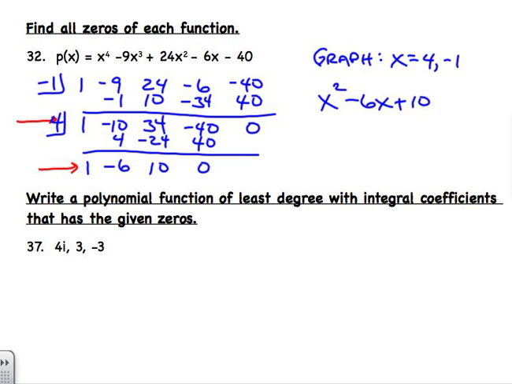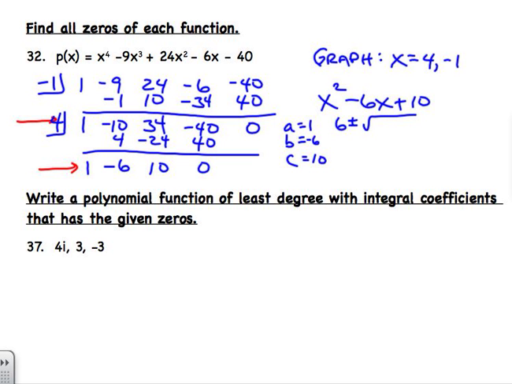The reason we want it to be x squared is because if I cannot factor, I can also always use the quadratic formula to get any remaining answers. So if I do that here, my a value can be 1, b will be -6, c will be 10. I get the opposite of b, so 6 plus or minus the square root.